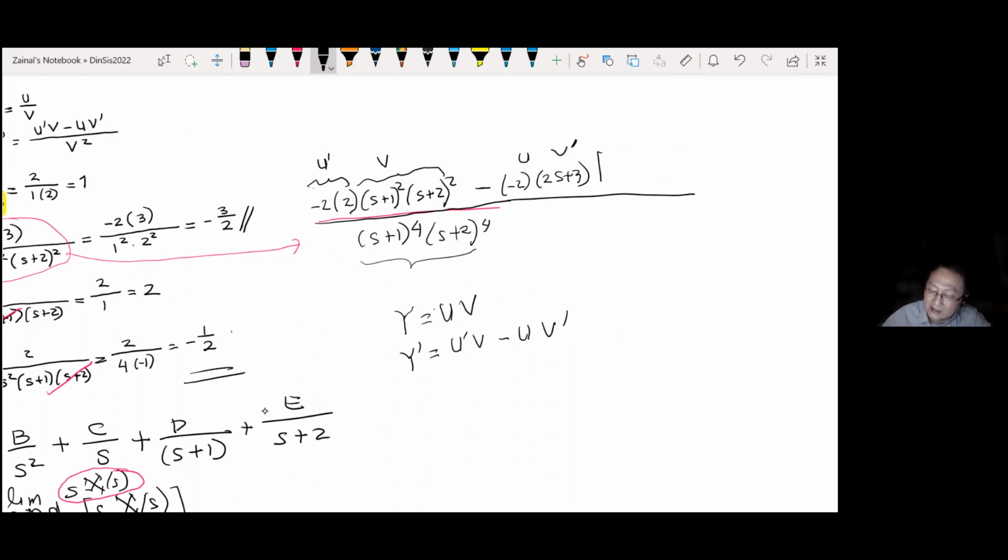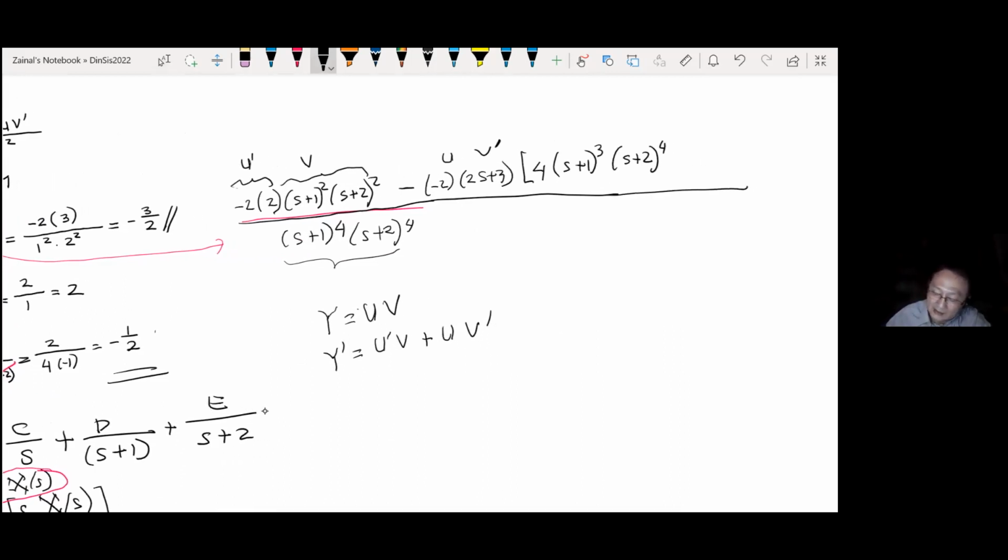Jadi ini kalau diturunkan jadi 4 S tambah 1 pangkat 3 dikalikan S tambah 2 pangkat 4, ditambah dengan ini diturunkan 4 kalikan S tambah 1 pangkat 4 kalikan S. Dan kalau perlu, substitusikan S-nya sama dengan 0, berapa nanti?